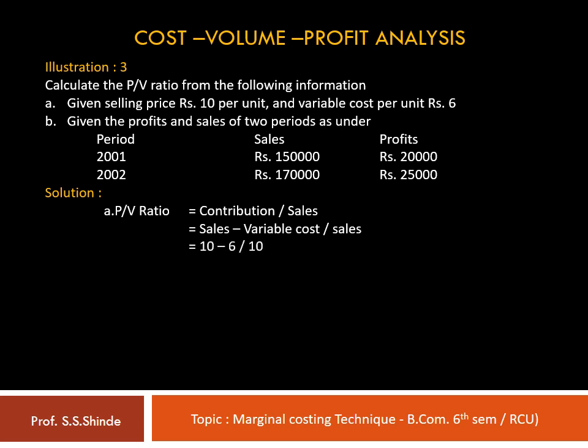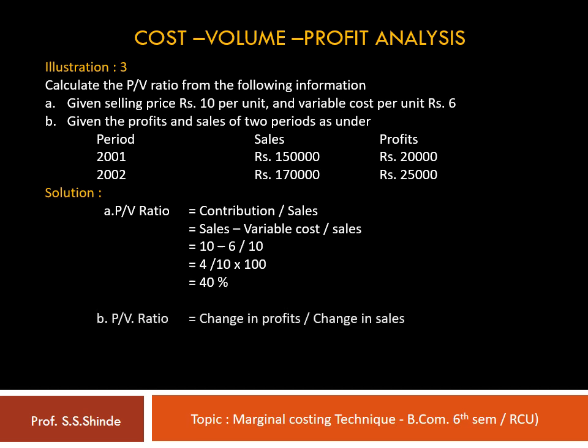Sales is 10 rupees per unit, variable cost is 6 rupees per unit, divided by sales, that is 10 rupees. So we get 4 upon 10, that is rupees 4 divided by 10 into 100 to convert it into percentage. So the PV ratio would be 40%. You can also write it as 2 upon 5.